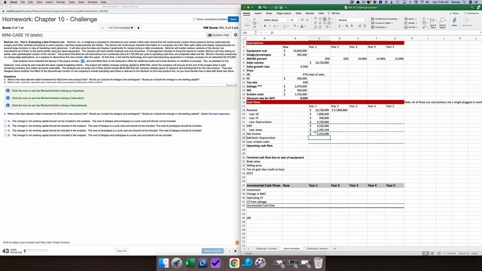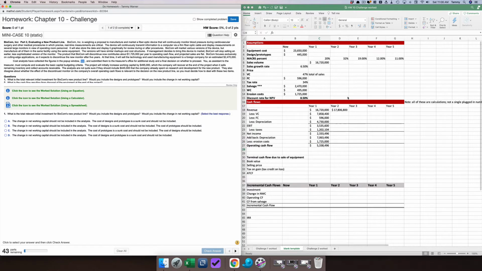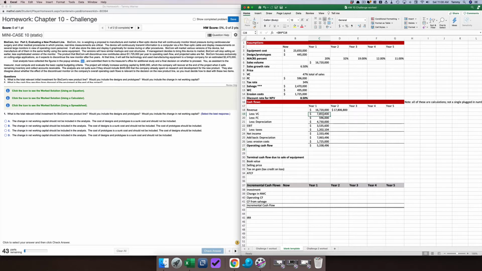Now that we have our net income, we have to add back the depreciation to start working towards our cash flow. So take the income and add depreciation. That gives us our pre-erosion operating cash flow. Okay, I'm pretty confident with that, so let's go ahead and pull all of these rows out. Oh, this obviously was not an absolute cell reference here, so we'll fix that.